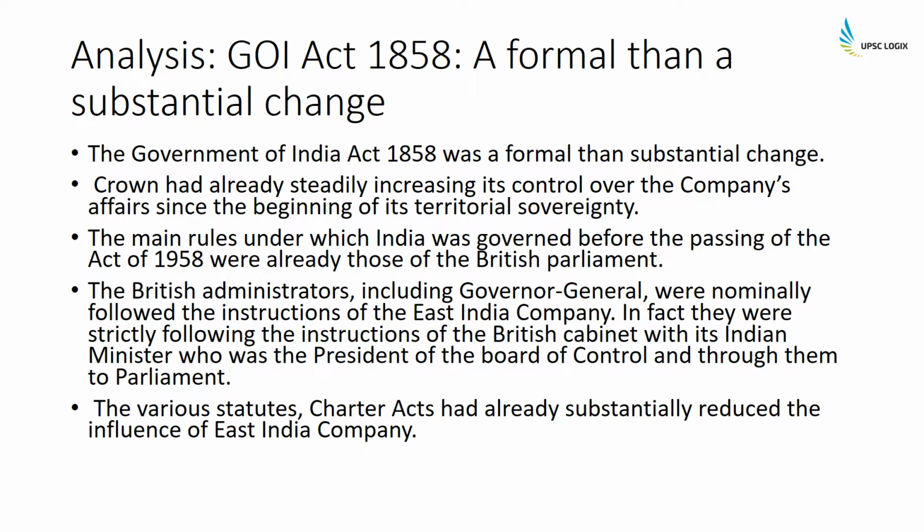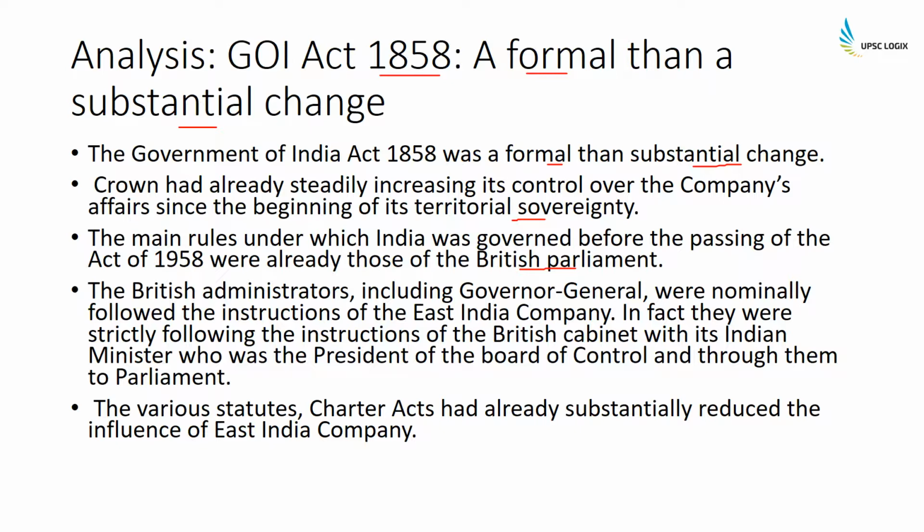So as we know, the Indian Civil Services were formed by the Indian Civil Services Act 1861. Let us have a look at the analysis of the Government of India Act 1858, whether it was a formal change or a substantial change. It is said that the Government of India Act 1858 was a formal rather than a substantial change. The Crown had already steadily increased its control over the company's affairs since the beginning of its territorial sovereignty, and the main rules under which India was governed before the passing of the Act were already those of the British Parliament.